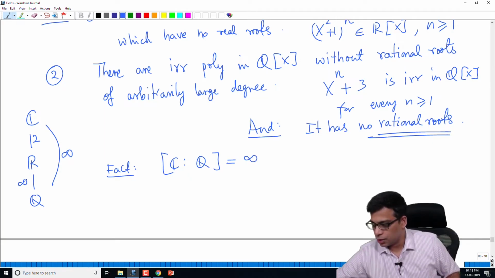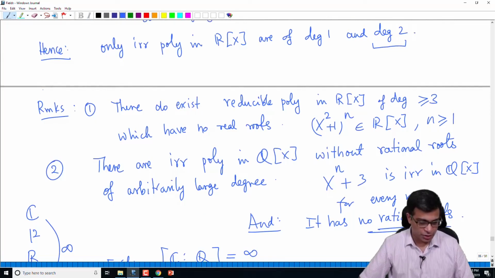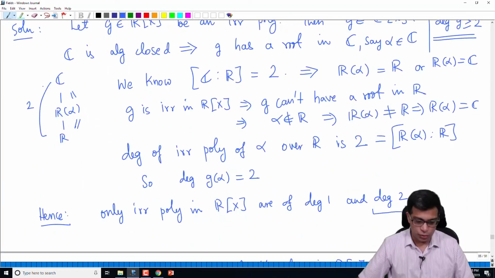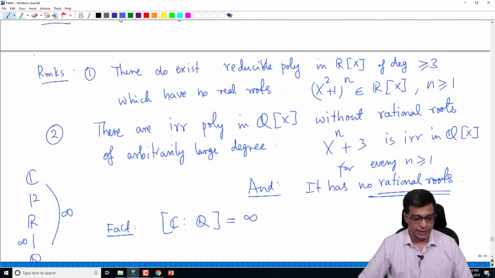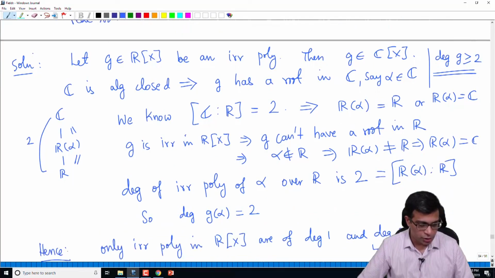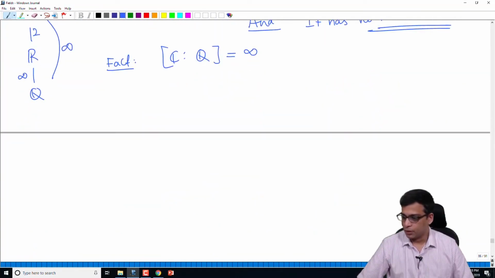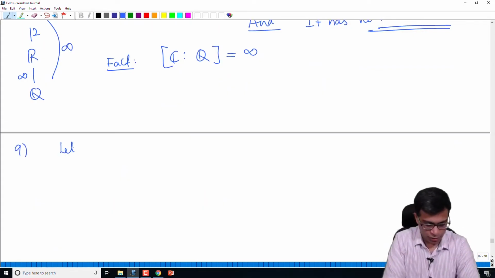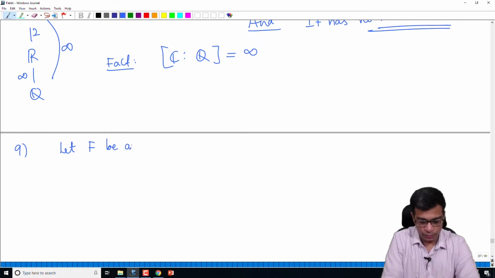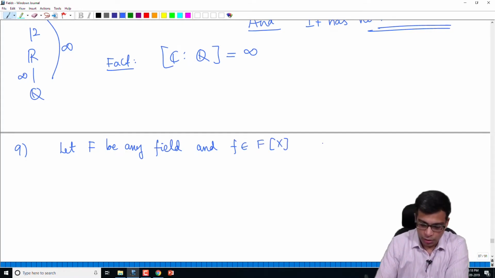Okay. So in the remainder of this lecture video, I am going to do some problems about splitting fields. So let me get the number right. So we have done so far 8. So let's do 9. So let's now go back to an arbitrary situation. Let capital F be any field, and let small f be a polynomial in F[x].